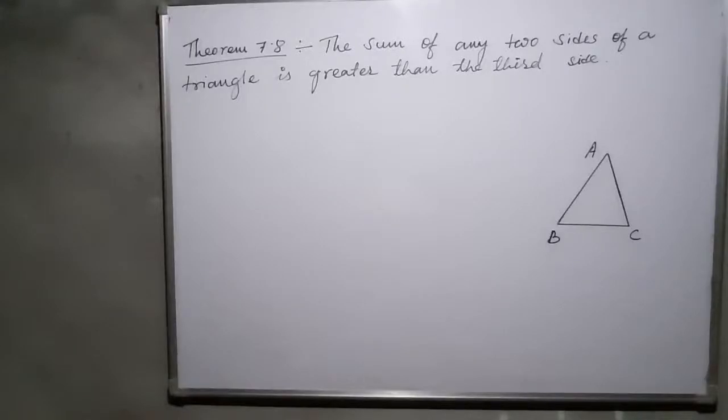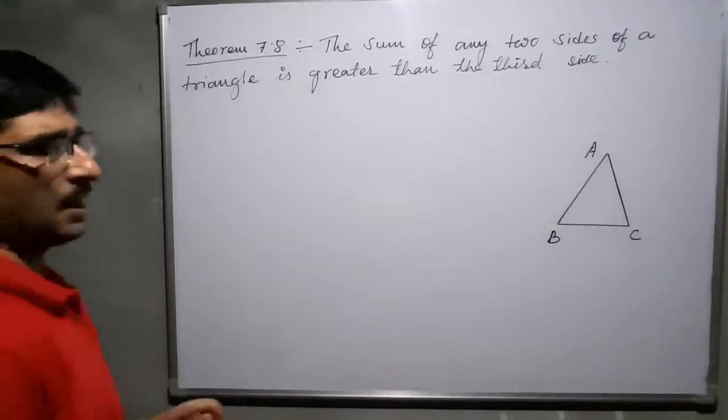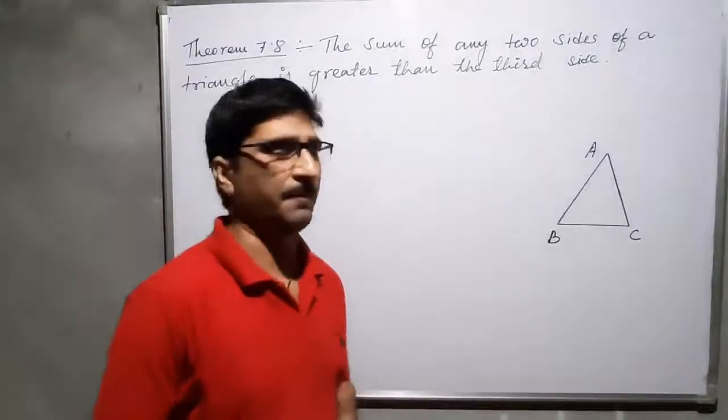So dear friends, here we have one more very important theorem of a triangle. Theorem 7.8 says that the sum of any two sides of a triangle is greater than the third side. You might have noticed this in class 6 or 7.